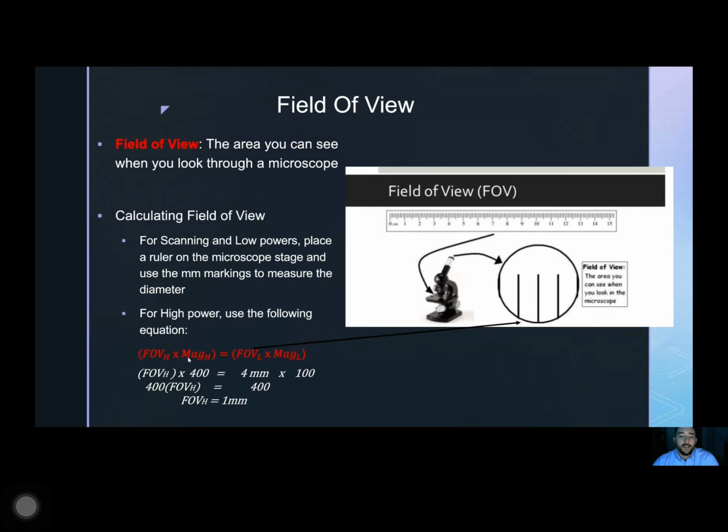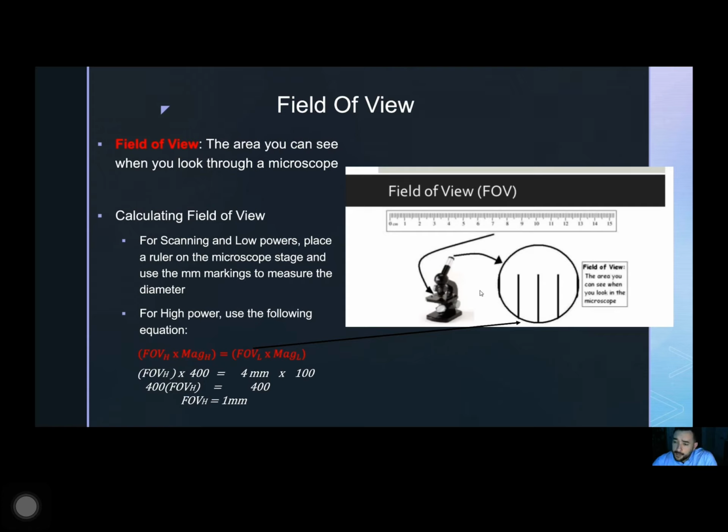Now, if we were then to move the objective lens to high power, we would be going from 100 total magnification to 400. We're getting so much closer to the object. And you would notice that when you looked in there, you wouldn't be able to see anything. And that is the reason we have to do this math that you see at the very bottom. We have to do the math because you can no longer measure the field of view with just your eye, okay?